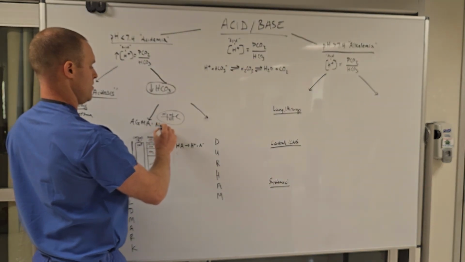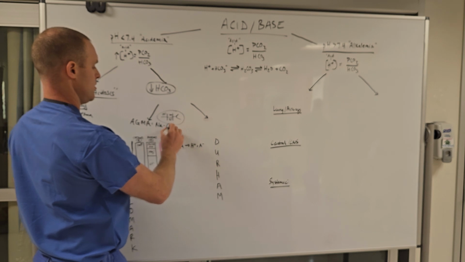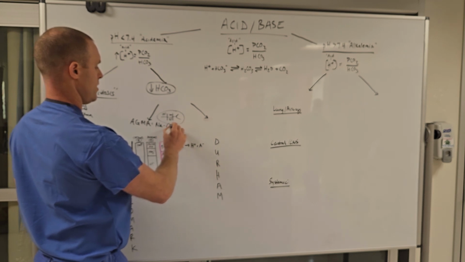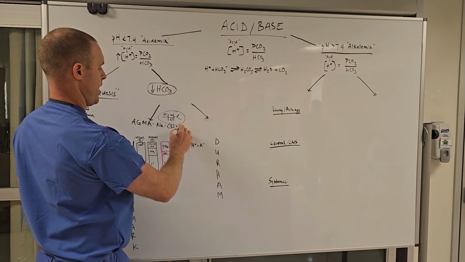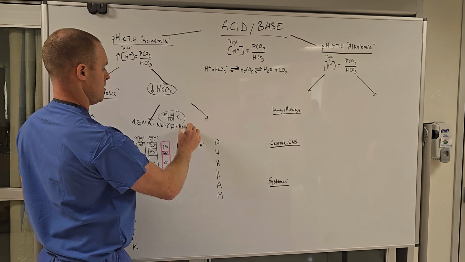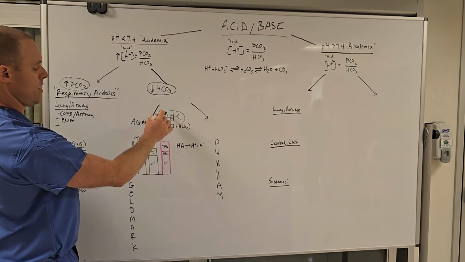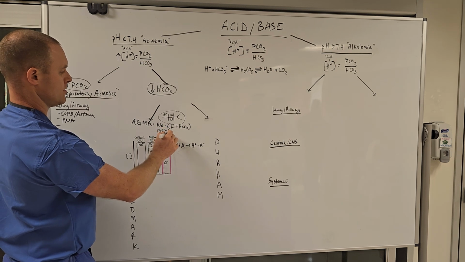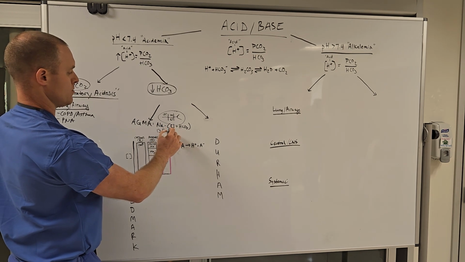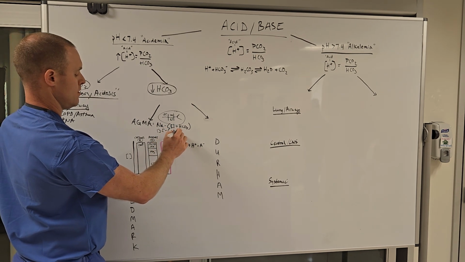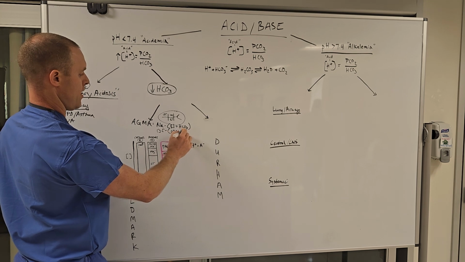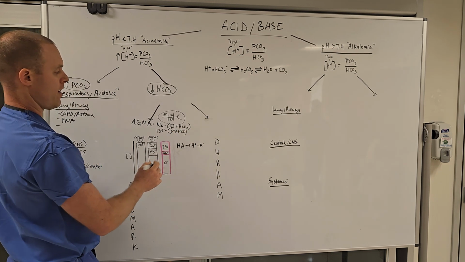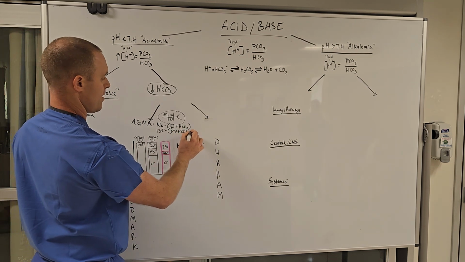So when we look to calculate our anion gap, we do sodium minus your chloride plus bicarbonate. If we were to do that up here, it would be 135 minus your chloride, which is 100, plus 25. So 135 minus 125 equals 10.